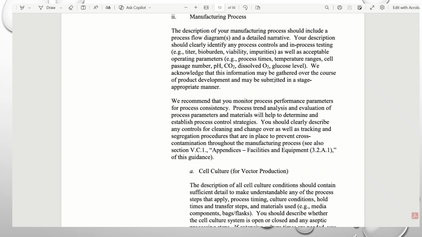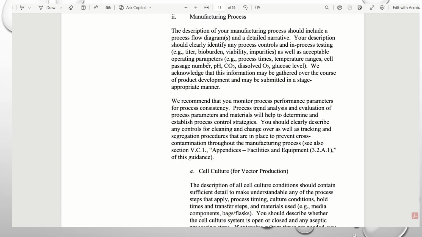And you should clearly state whether any pooling or harvest or intermediates occur during manufacturing. Again, that's important because intermediates are important ways of determining or demonstrating consistency. And your description of manufacturing process should include a process flow diagram and a detailed narrative. So this is standard for CTD. Your description should clearly identify any process controls and in-process testing. So for each of your unit operations, particularly for critical process parameters or critical in-process testing, you need to provide that information.